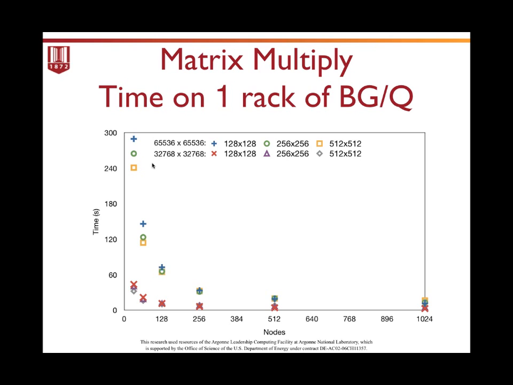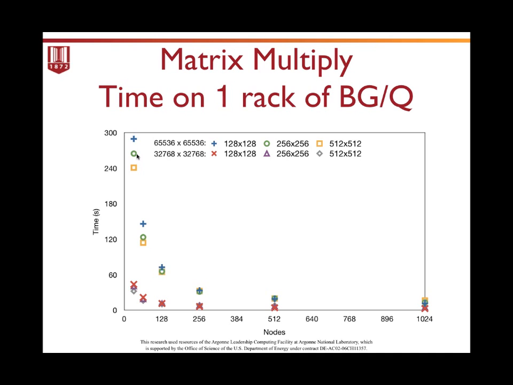And we used 2 different matrix sizes. This set of data here on the top represents the timing measurements for the 65,000 by 65,000 matrix. And the bottom 3 represent the timing measurements for the 32,000 by 32,000 matrix multiply. And we scaled this all the way up to 1 full rack of Blue Gene Q.